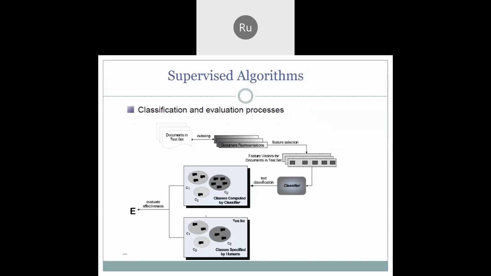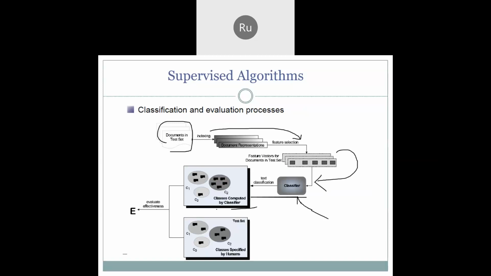Okay, so what happened here is this is your test data set, and then you pre-process it, do some feature selection, and this is your classifier that you have trained. Then you feed this input to the classifier. So the classifier will tell you which label they belong to.